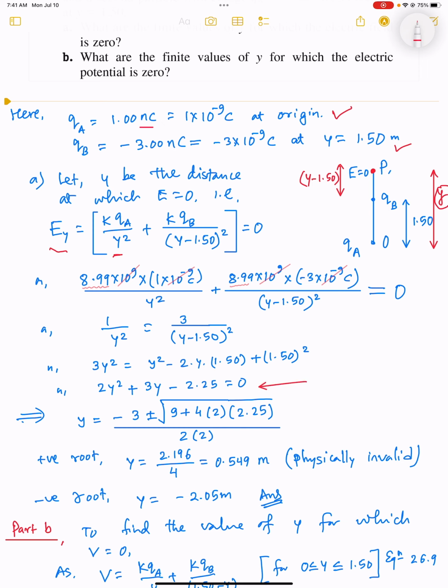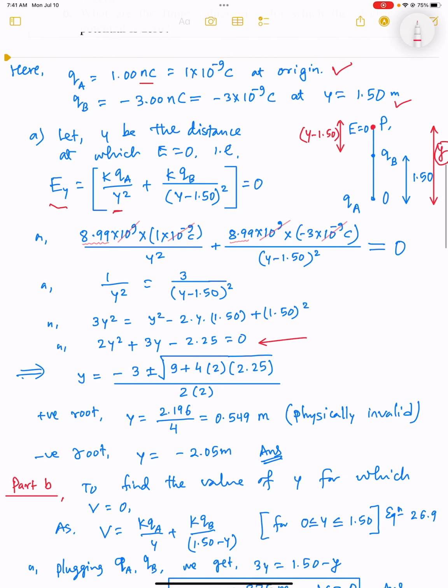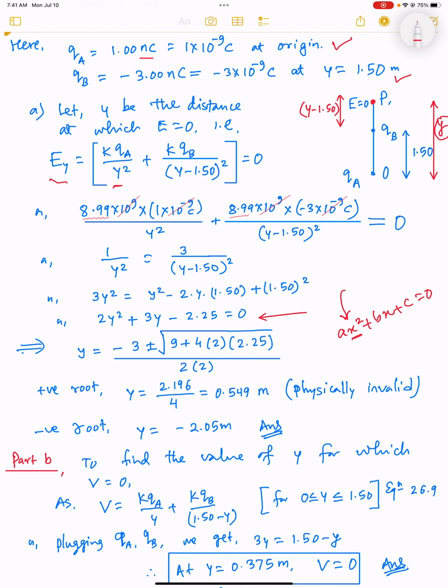You can plug in all the given values and you will get a quadratic equation, and you can solve this using the familiar quadratic formula to solve for x, or in this case y. When you take the positive root, it gives you 0.59549 meter, which is physically invalid, because y must be greater than 1.50 meter.